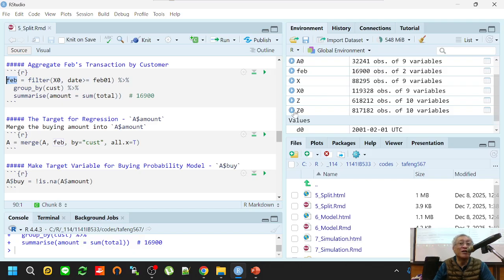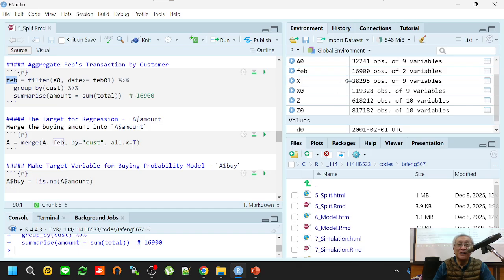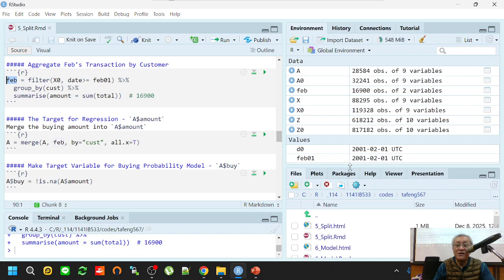Although in the A data frame we have 28,000, only about 17,000 of our customers buy in February, right?